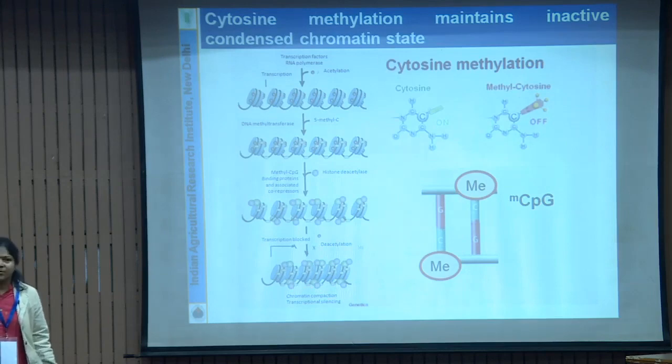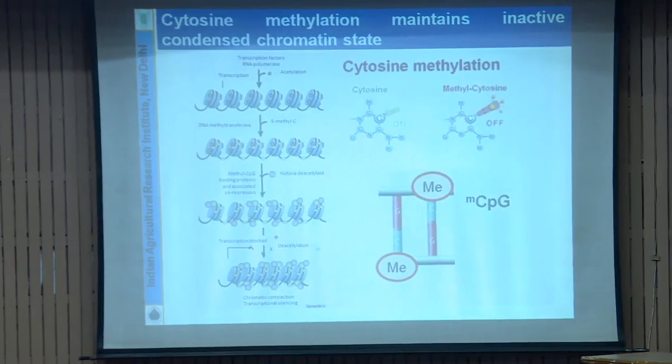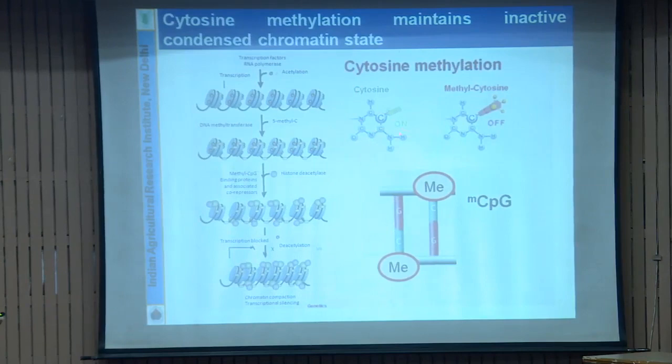No RNA will be produced, no expression of those genes would be happening. So the gene is the same in the unmethylated individual and in the methylated individual, but the expression is different. The phenotype would be different. That kind of change is an epigenetic change. Here you can see when it was normal cytosine, it is on, but when it is methyl cytosine, the expression of the gene is off.